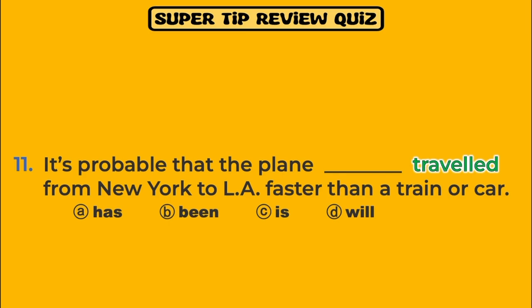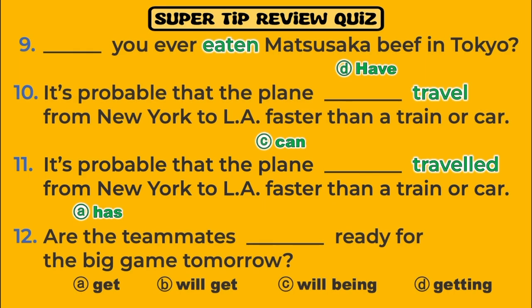Aha, verb 3 is the partner for the have family. I need a have helping verb. Alpha, has. Right? It's probable that the plane has traveled from New York to LA faster than a train or car. So look at number 10 and 11 together. Just one small change can make a big change in our answer.